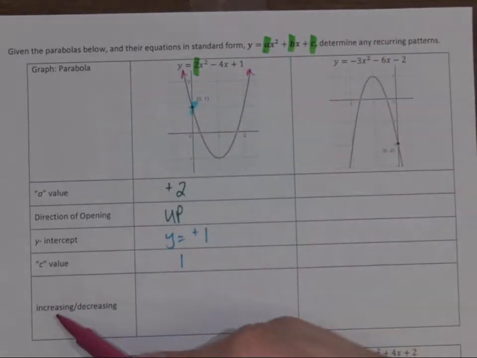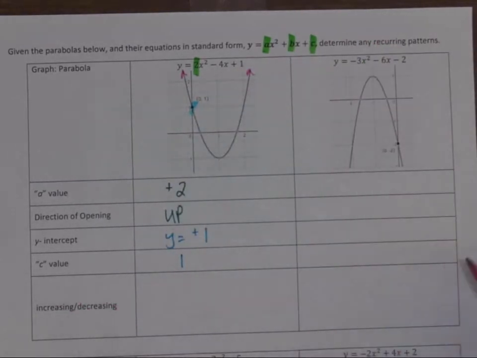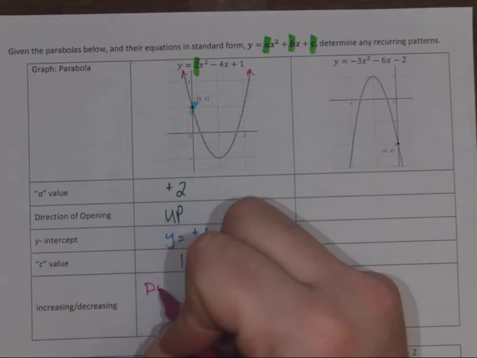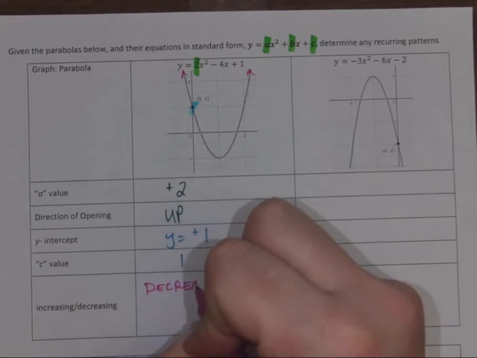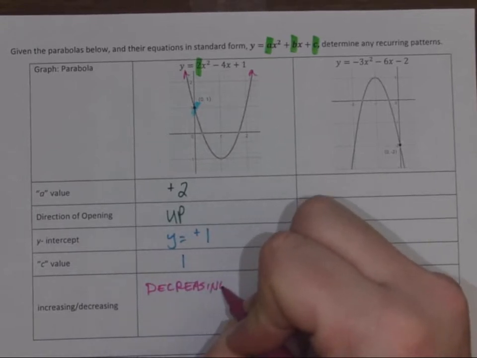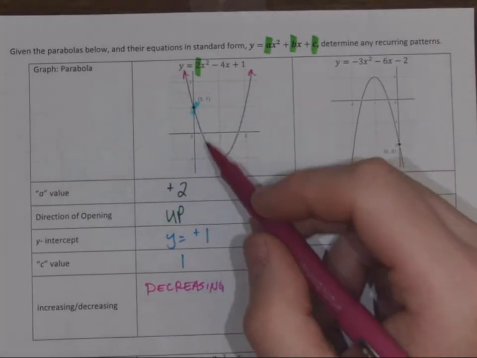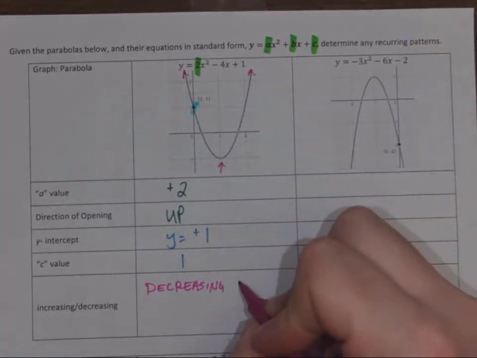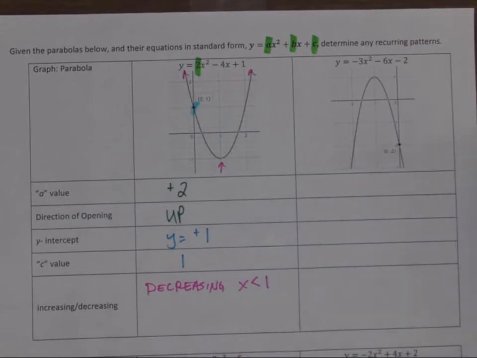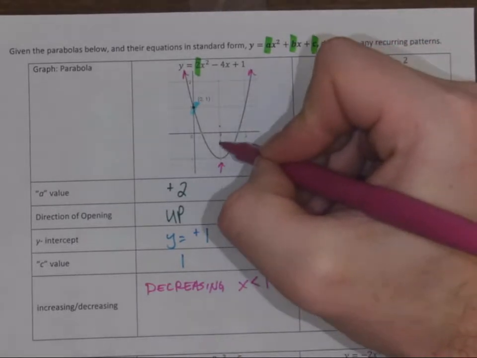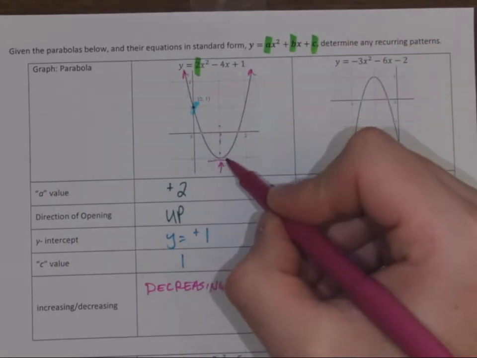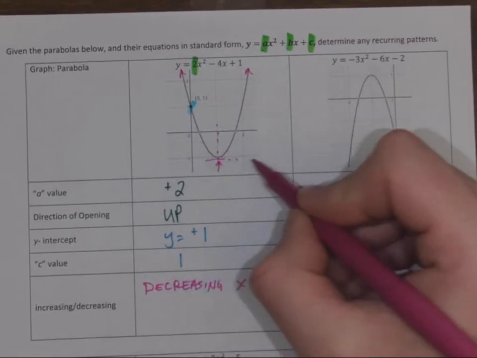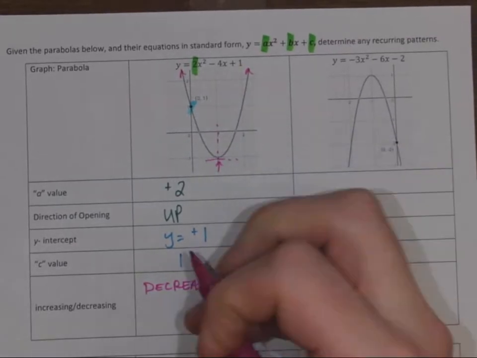So we can talk about increasing and decreasing happening in two different parts. From left to right, we are decreasing, the slope is decreasing all the way to that point. So when x is less than 1. At that point, the slope at that exact point is completely flat. There is no slope.